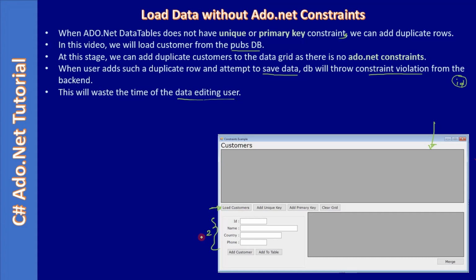Then they are saving the data to the database, and the database will throw constraint violation when they entered any duplicate data. Then user should go ahead and check all their previously entered data and they should rectify the error. So this will waste the time of the data editing user when we don't have any constraints on the ADO.NET side itself.